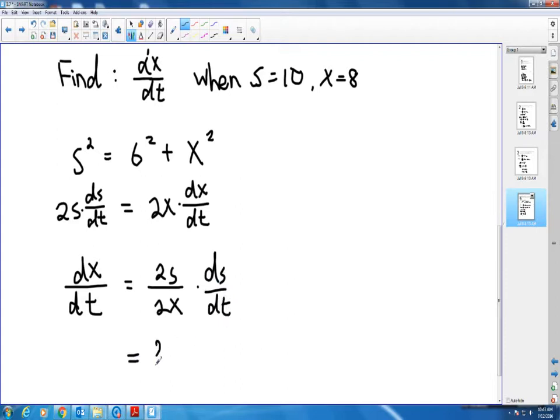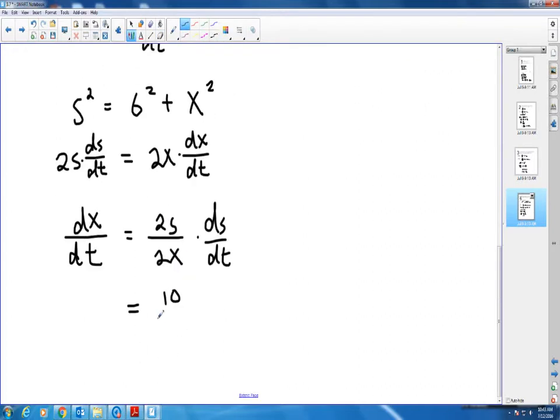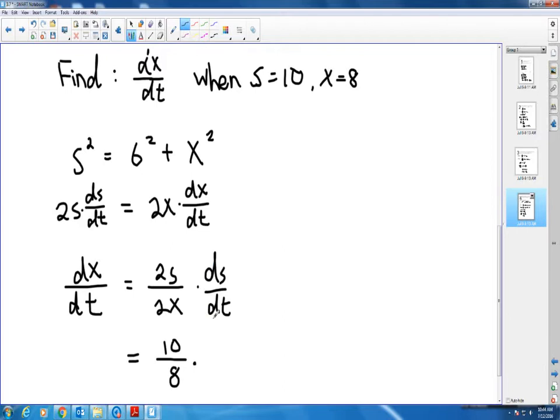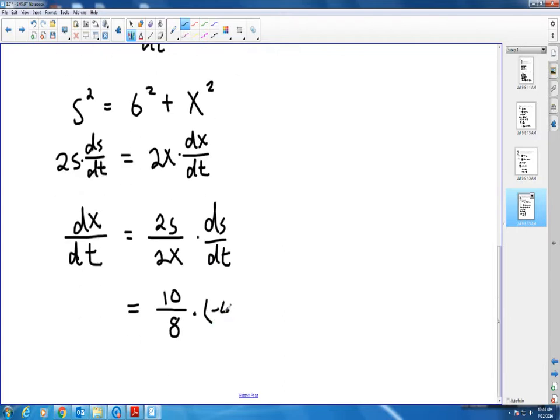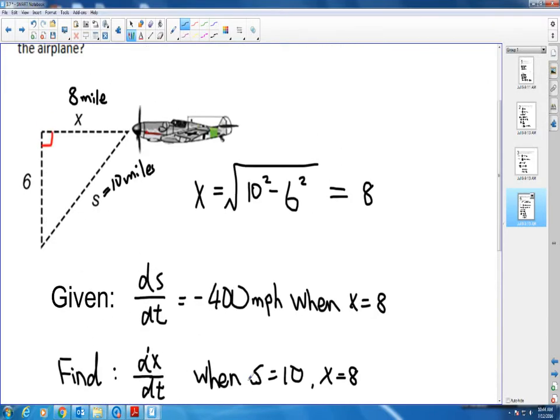Alright, so the 2 will cancel out, so I'm not even going to write it. So the s was 10 miles out, over the x direction at 8 miles, times ds dt, which is decreasing at a speed of 400 miles per hour. So that will give me negative 500. That means this way I'm actually closing in at negative 500 miles per hour.